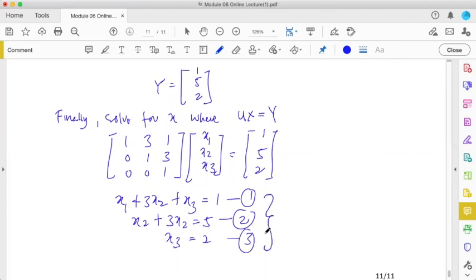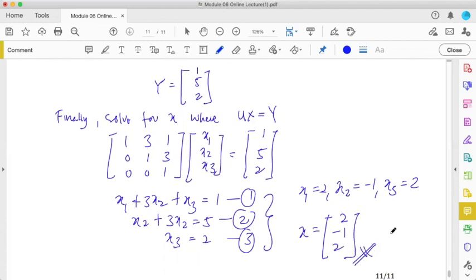If you solve these three equations, you will get x1, x2, x3, which you can also write as 2, negative 1, and 2. So this is the answer for your system of linear equations.